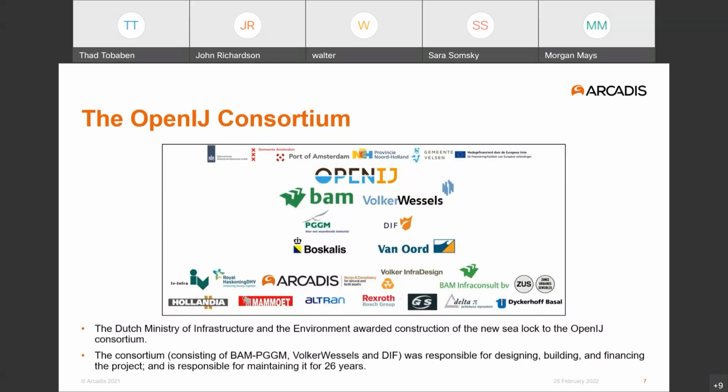In addition to those firms, a number of other companies were involved with the consortium, one of them being Arcadis. In the work that we carried out, we collaborated most closely with Royal Haskoning and VolkerWessels.